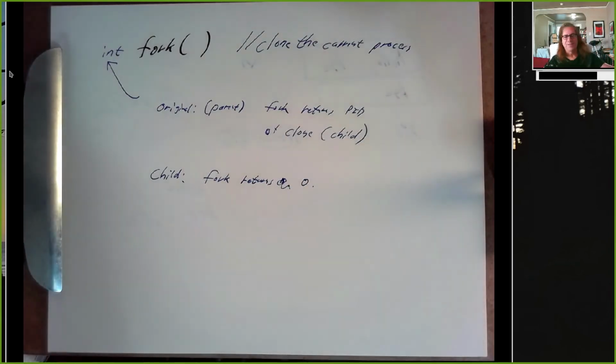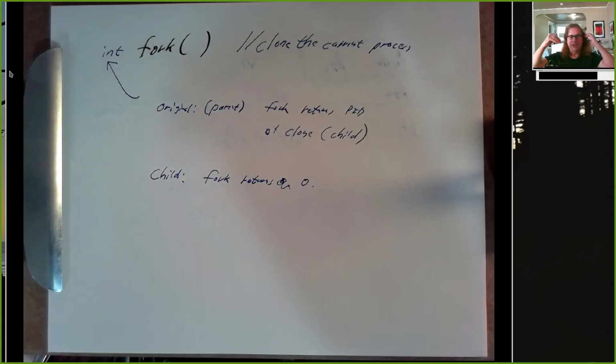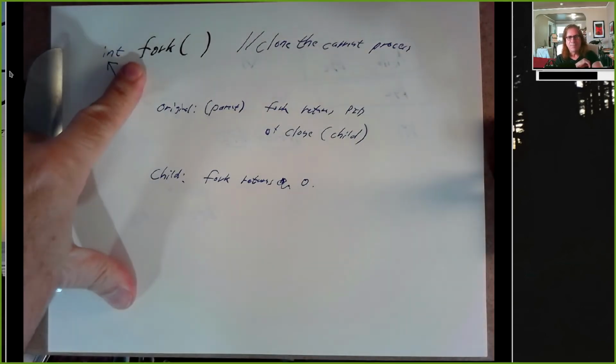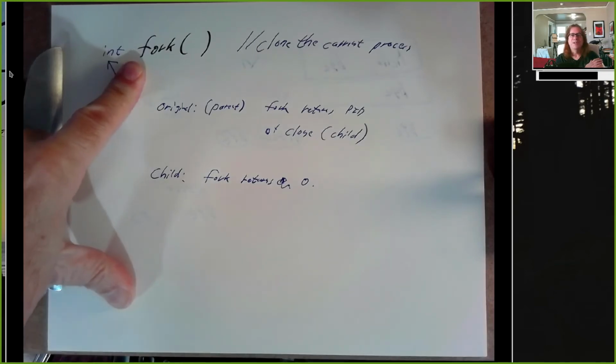And this is fun to think about and to work with and to write code for. As soon as you call fork, you have two copies of your process running, and they're running the same program, and they're at the same point in the program, which means they're both at the place where they just came back from this call to fork. If you want these two programs to do something different, it's up to you as the programmer to cause some differentiation in behavior.